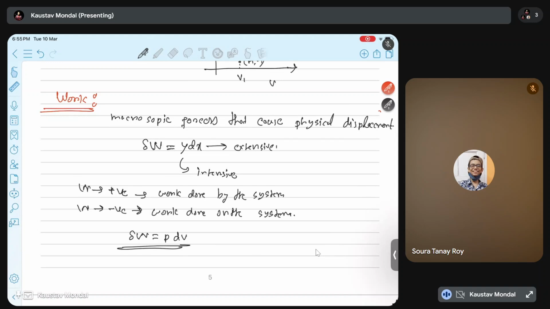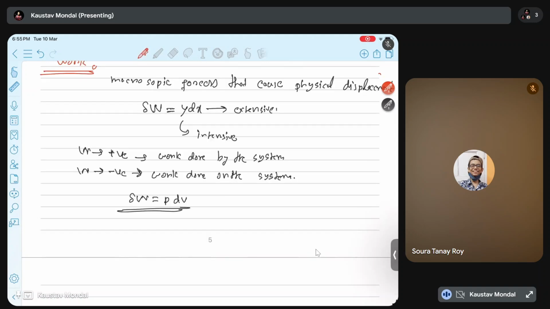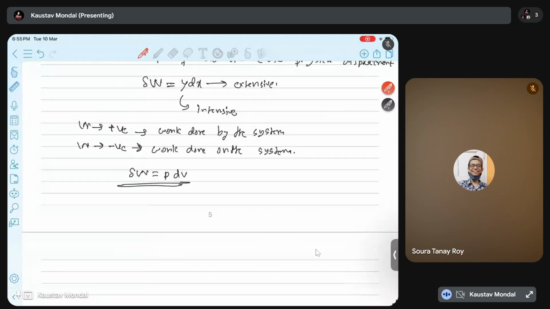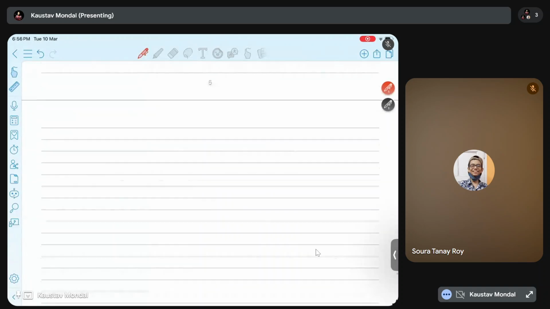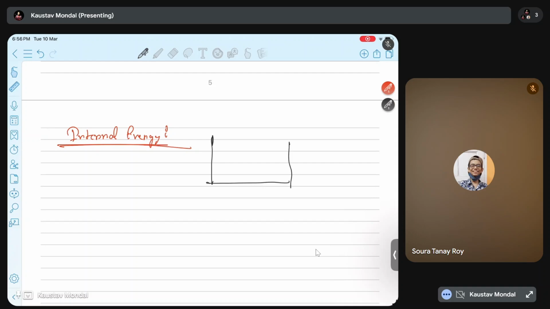The first law of thermodynamics is related to the internal energy of the system. How does the internal energy of a system arise? In a gas, there are two types of energy.